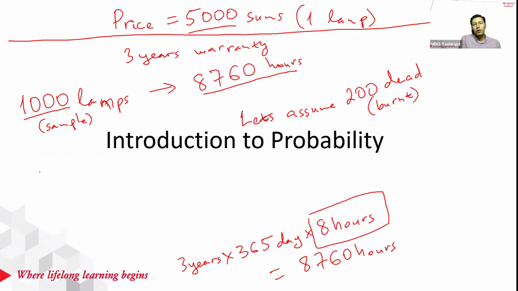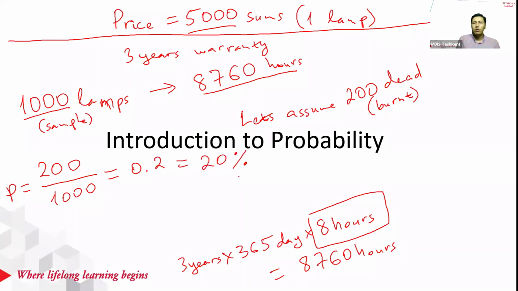So now you can find the probability. 200 divided by 1,000 gives you 0.2, and that is 20%. So approximately 20% of your lamps will be dead in 3 years.